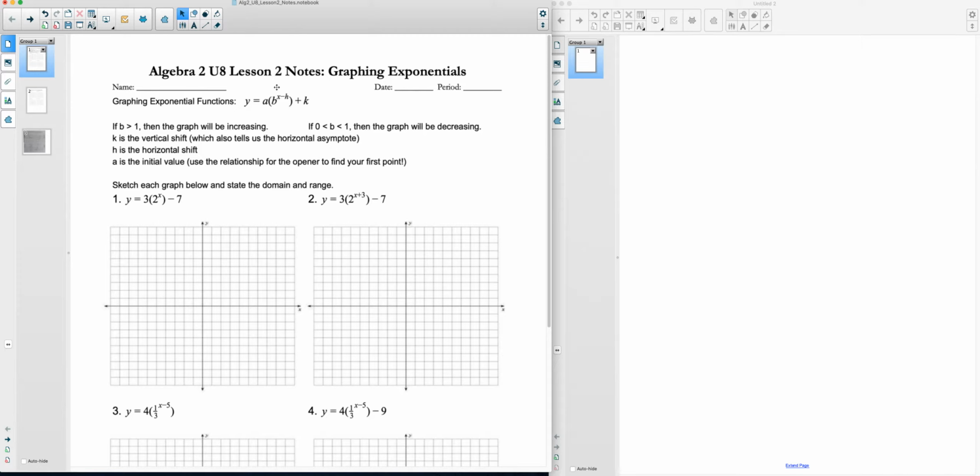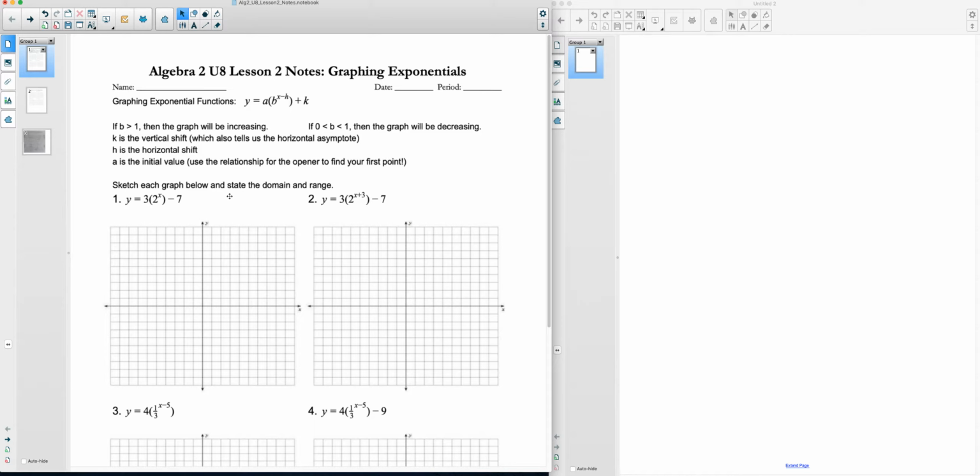H, just like with all of our other functions that we've discussed this year, is our horizontal shift. And A is that initial value. We'll use the relationship that our y-intercept, if we're on the y-axis, or our first point, is going to be A units above our horizontal asymptote.